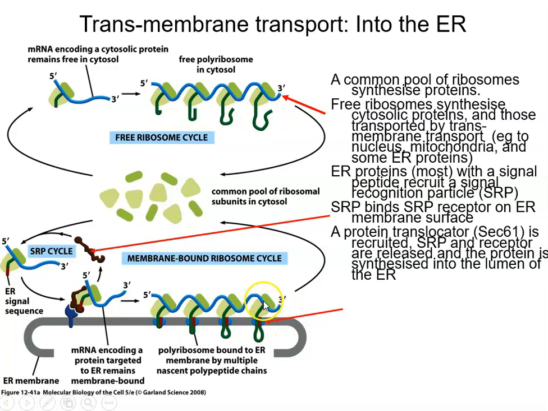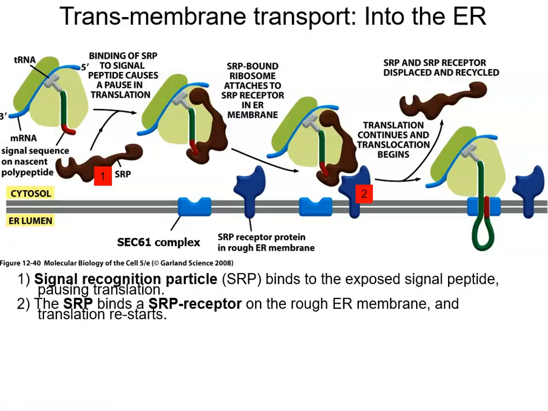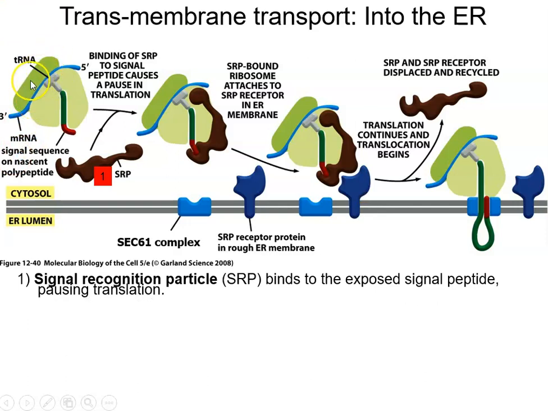So it requires ongoing translation to occur to have that protein pass straight through that channel into the endoplasmic reticulum. This is just shown in more detail here. Here are the two ribosomal subunits. There's the mRNA. This is the peptide that is being produced. We've got tRNAs coming into the ribosome, each with an amino acid residue on there, and that is resulting in the extending polypeptide chain.